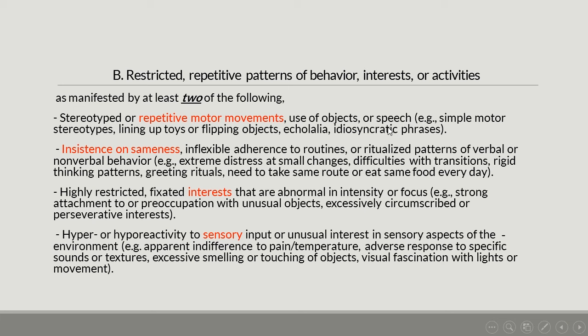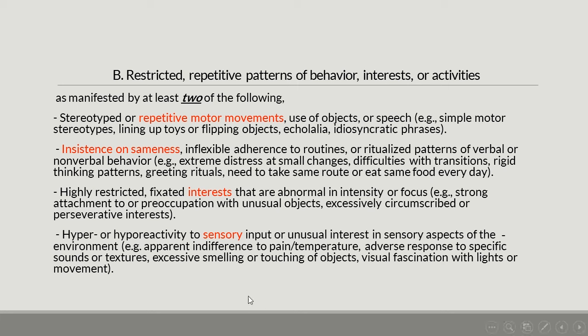It may also be present in speech, where the patient repeats some words or some phrases, sometimes inappropriately. Then there is insistence on sameness, so the patient does not want to change his routine. Highly restricted interest, abnormal in intensity or focus, as we have seen in the case of Ash, where he is just interested in the spinning wheels.